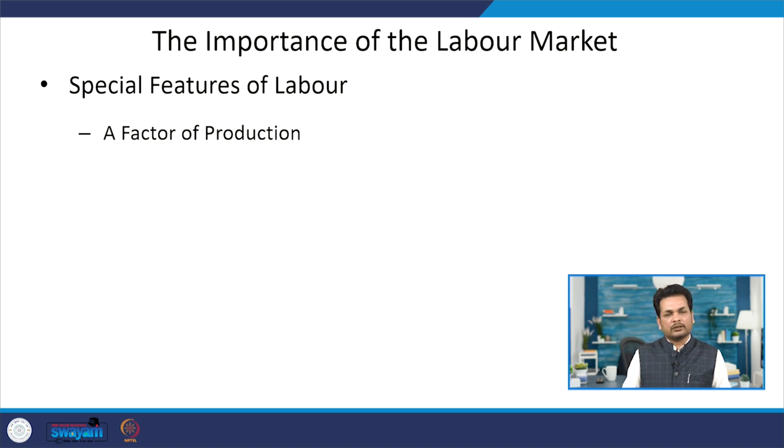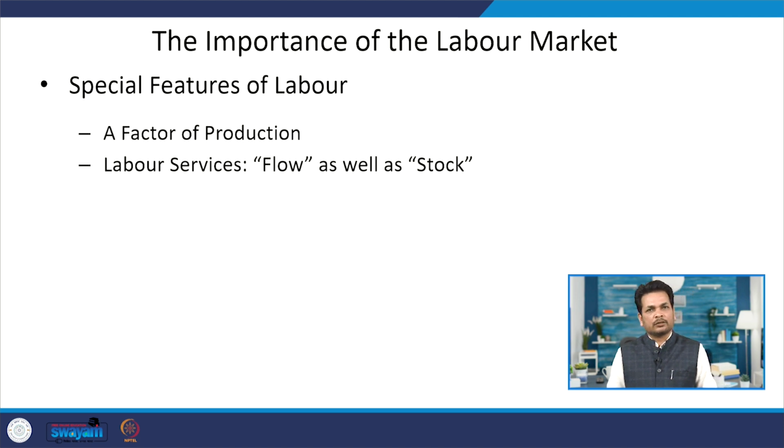Apart from this, labor has certain special features. Like I have said, it is a factor of production. Labor is the only factor of production which has life. You cannot work with a labor 24/7, but you can work with a machine 24/7. That makes labor very special. Labor services are flow as well as stock.